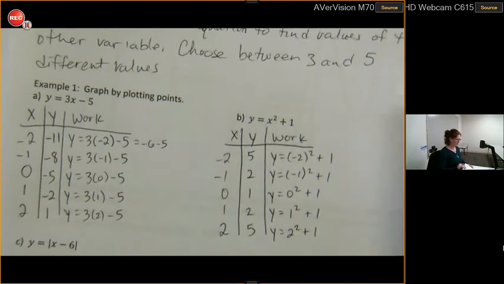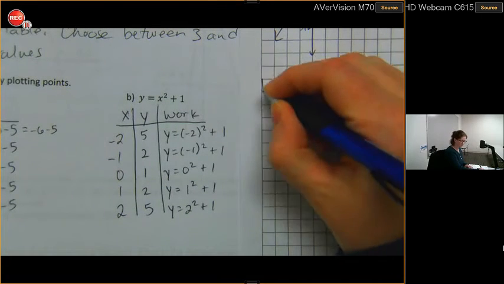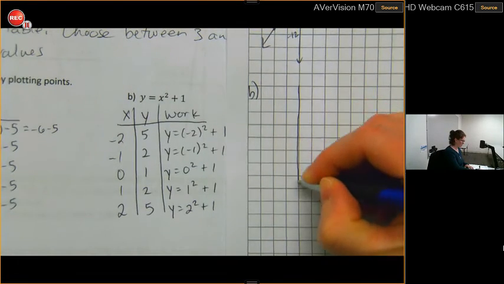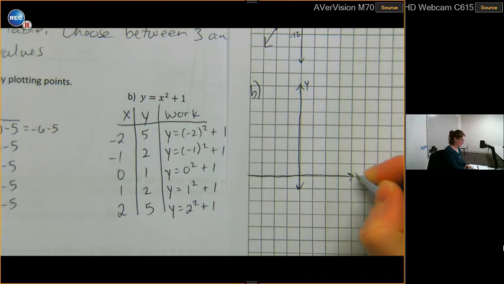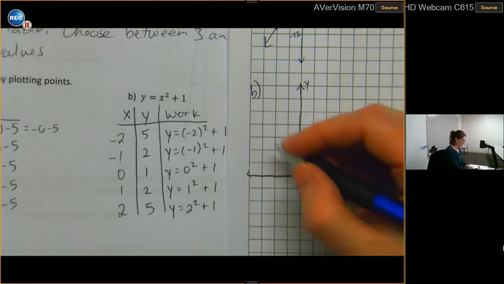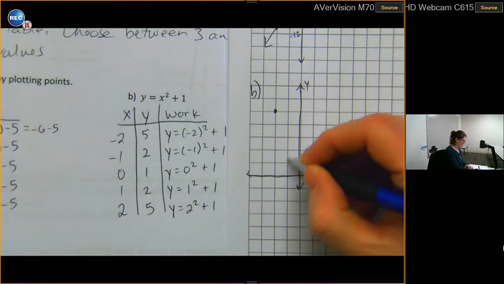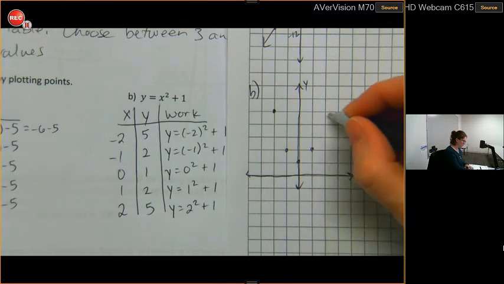I'm going to plot these points. And I'm just going to go by ones this time. So I have a point -2, 5, -1, 2, 0, 1, 1, 2, 2, 5.